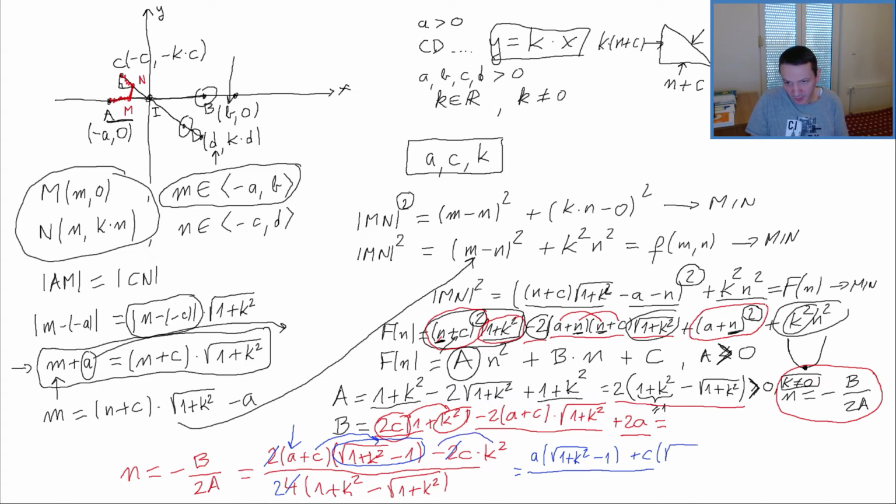So I will have square root of 1 plus k squared minus 1 and minus k squared. And in the denominator I have 2 times 1 plus k squared minus square root of 1 plus k squared.